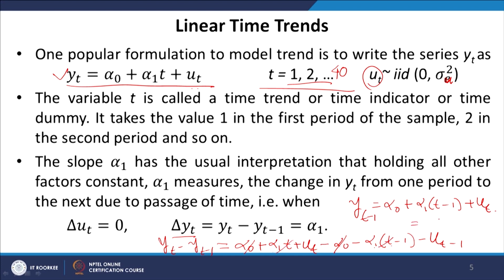I have alpha 1 plus delta u t, and delta u t is u t minus u t minus 1, which actually considers all other variables explaining variations in y t. If we assume that all other things are constant, so delta u t equals 0, then I will have delta y t equals alpha 1. This is the interpretation of alpha 1: it measures the change in y t from one period to the next due to simply the passage of time.